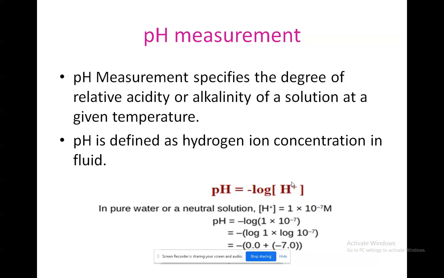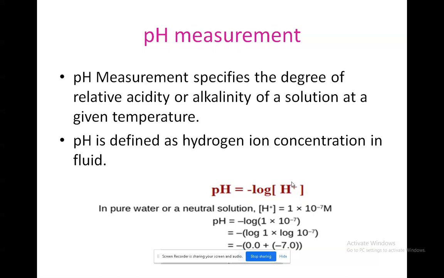So pH measurement specifies the degree of relative acidity or alkalinity of a solution at a given temperature. It helps to find out whether the given solution is acidic or alkaline. That will be measured using the pH measurement.